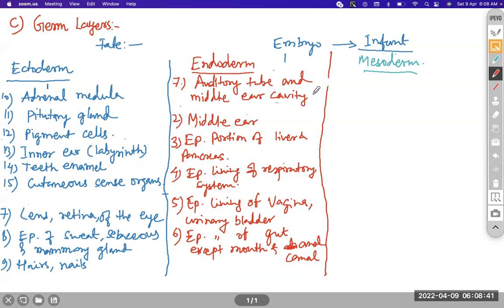Mesoderm से dermis of the skin is derived. Dermis of skin.